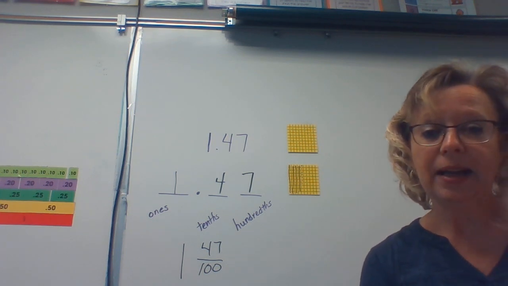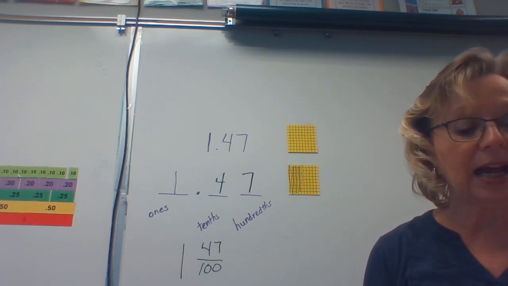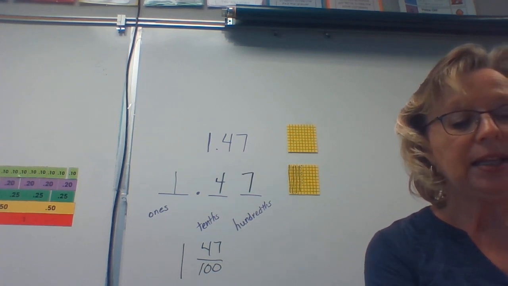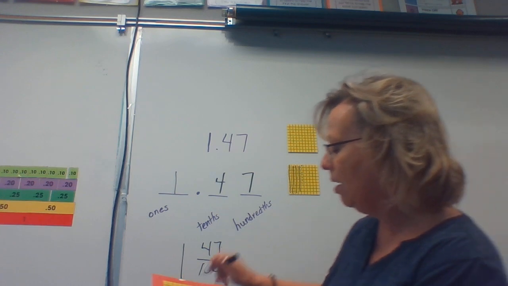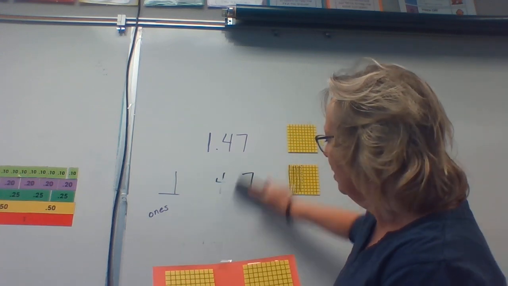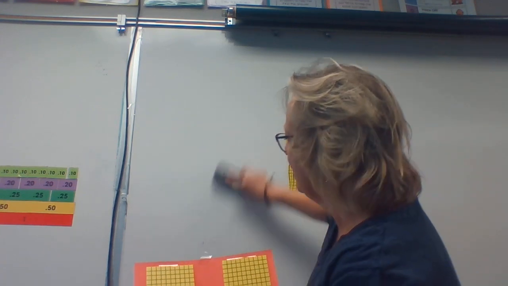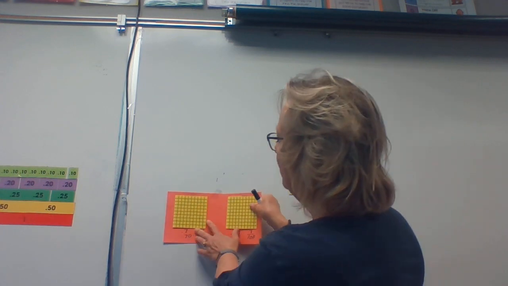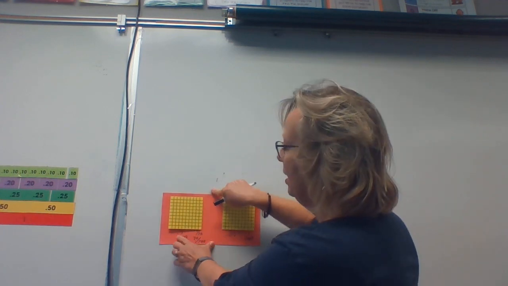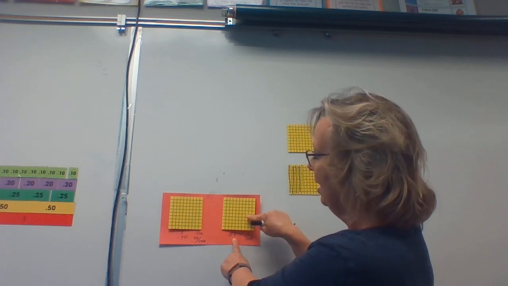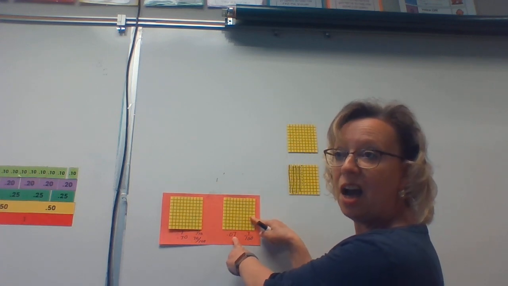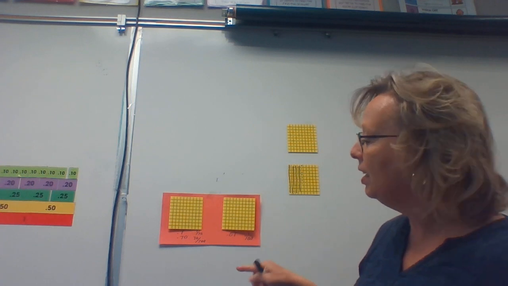Another thing in your packets that it's going to ask you to do is to maybe compare some numbers. So if I think about this, it has the same number of 7, but here the 7 is in the tenths place. Here my 7 is in the hundredths place. So how's that going to look?